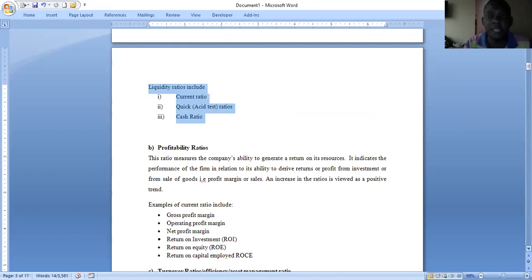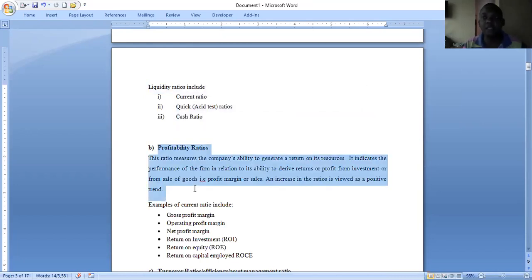Then the second pillar of ratio analysis is profitability ratios. Profitability ratios measure the profitability of the business. They measure the company's ability to generate returns on its resources. So they generally measure the profitability of the business.